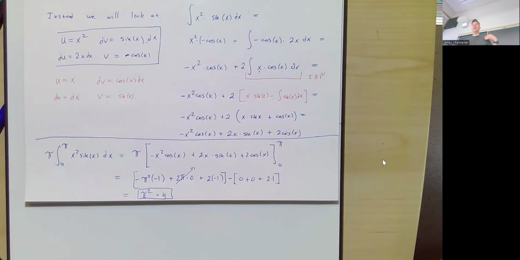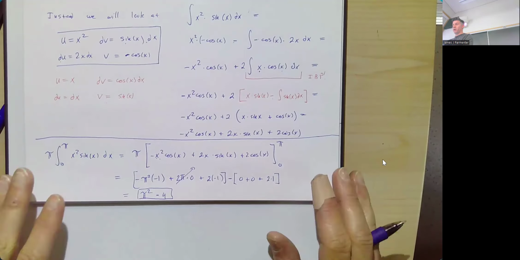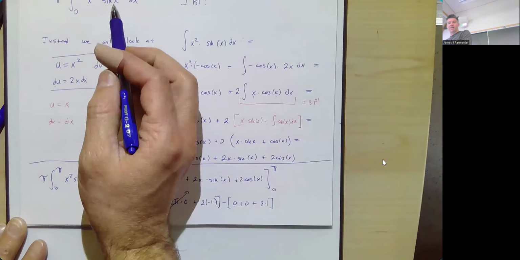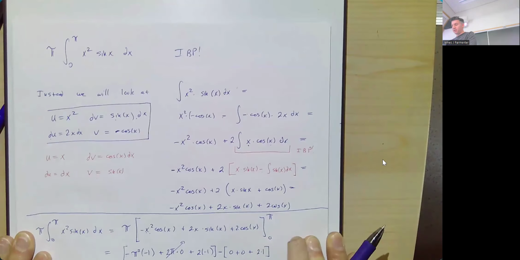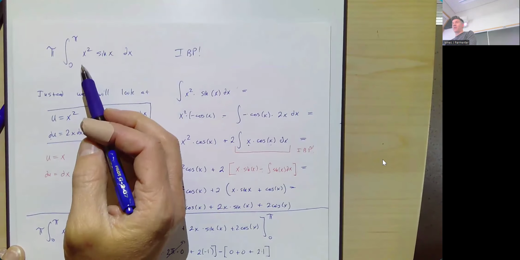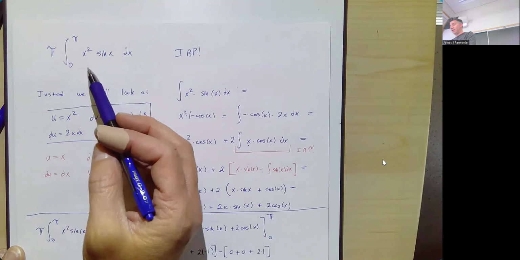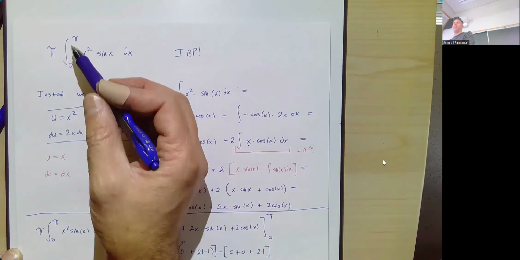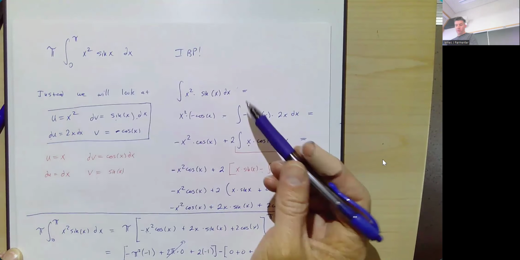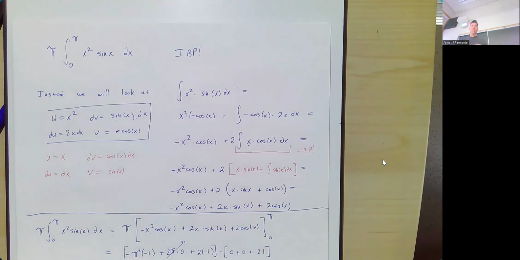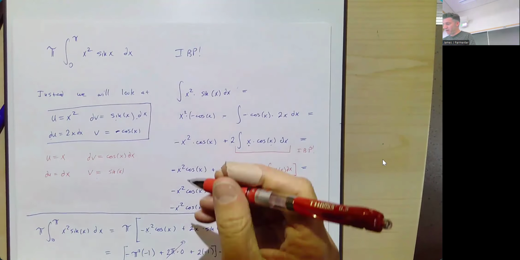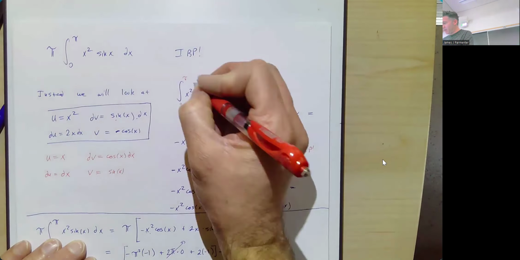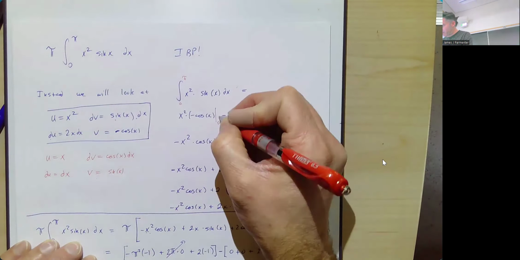So I would always recommend, if you see that your integration process for a definite integral is going to be kind of complicated, doing the indefinite integral first, doing all that work, not having to carry the 0 and pi with you. Right? If I was going to do it the other way, here's what I would have had to write from 0 to pi, and then here it's evaluated from 0 to pi.